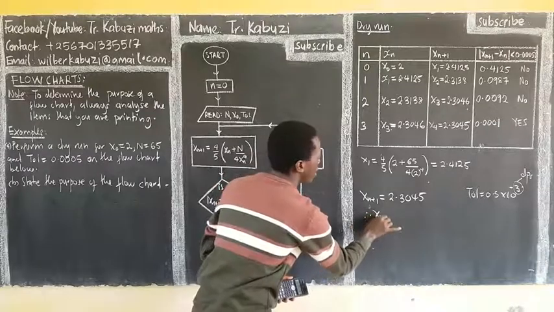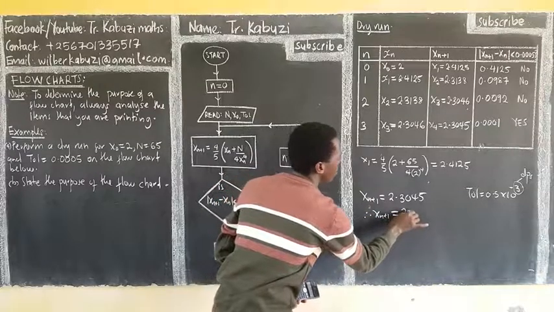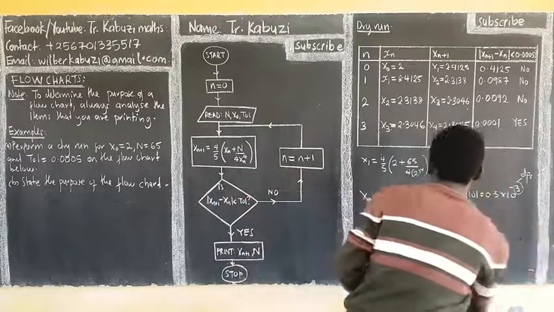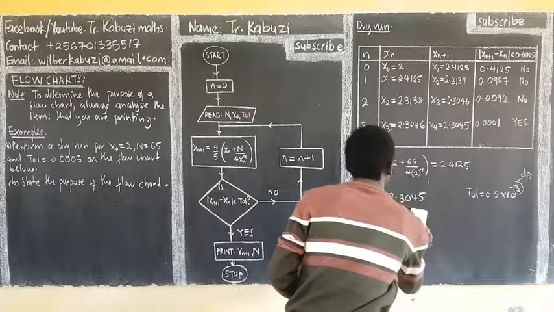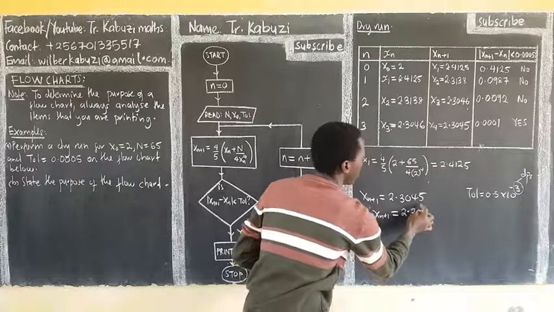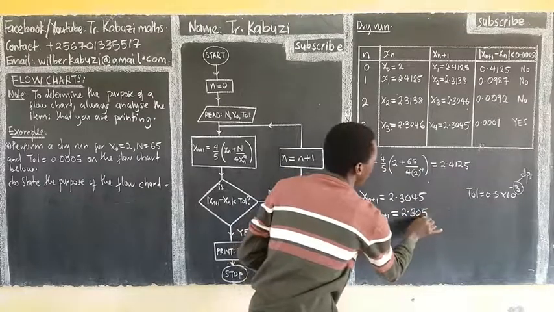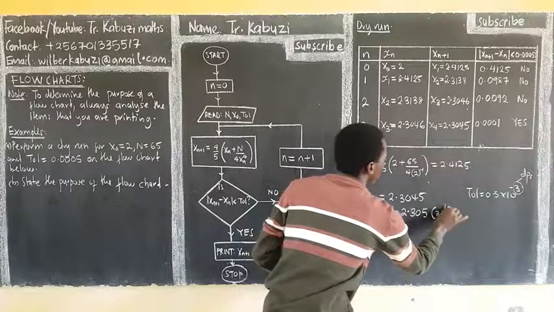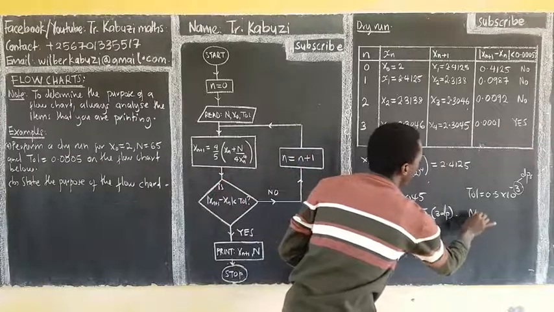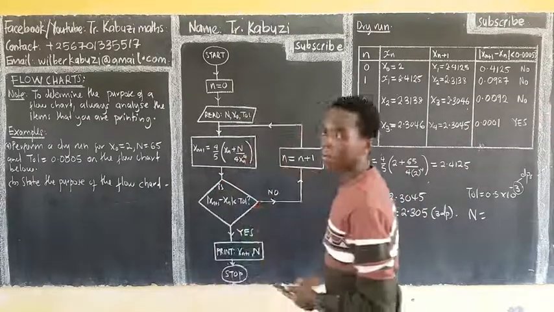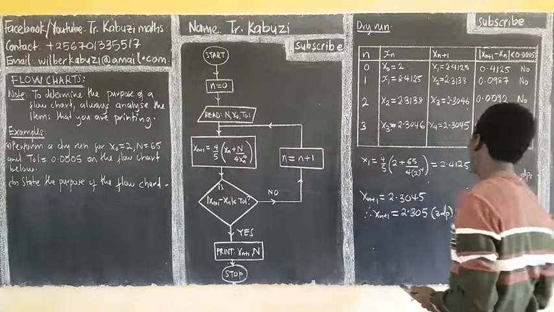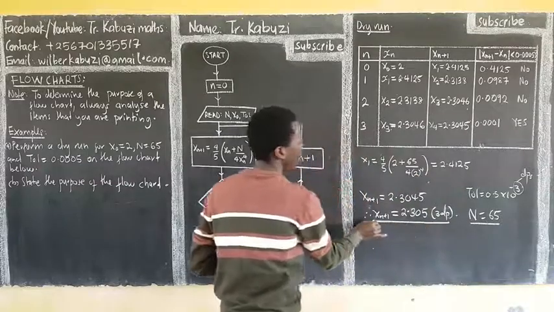So there our xn plus 1 will be 2.30, then we round off, we get 5 to 3 decimal places. What is our n? Printing our n, the n is going to be the same because it's not changing, it is 65. So this is what we have, and also this is what we do after printing.